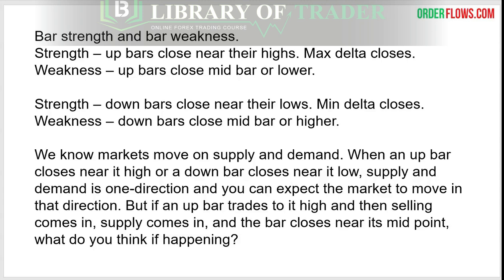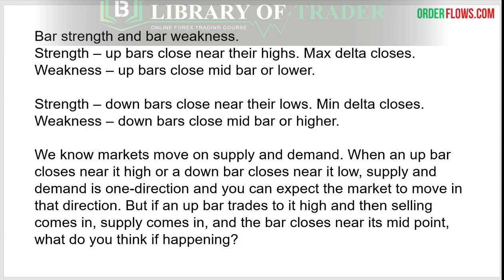Max delta can be kind of mixed. Your delta is going to be positive, but what I'm saying is your max delta could give some back, right? Your max delta could be 400, but your final delta is 200. That's not necessarily a sign of weakness, but that's just your average bar.